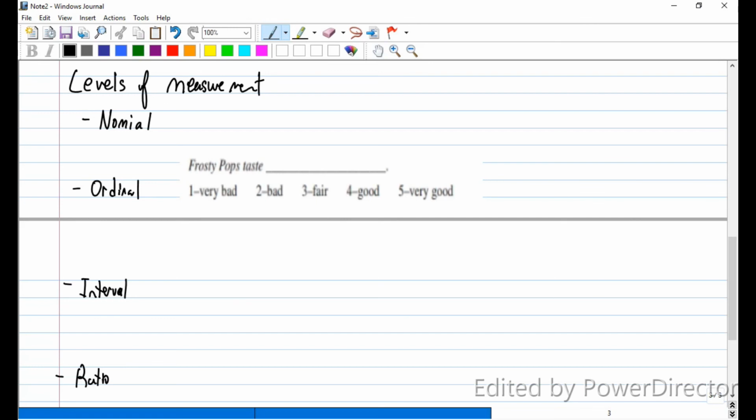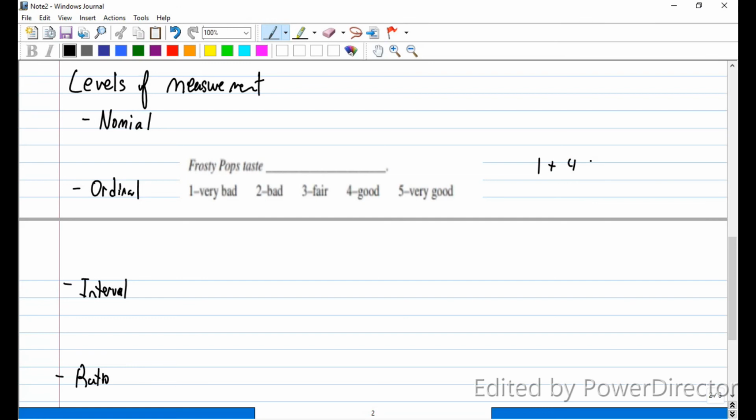All right. However, I can't add the data. Let's say that the first person that I looked at gave it a 1, and the second person gave it a 4. Well, 1 plus 4 is 5, so does that mean that if I put those two people together, that's a very good rating? No, it's not. So adding the data doesn't make any sense, or subtracting the data really doesn't make any sense.